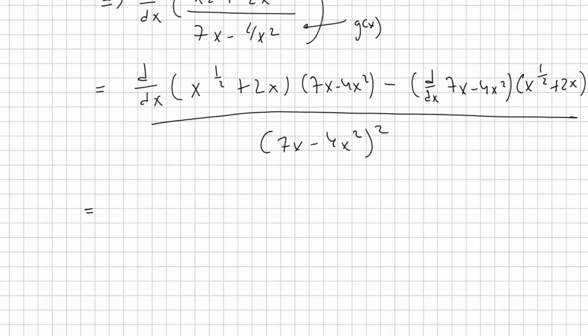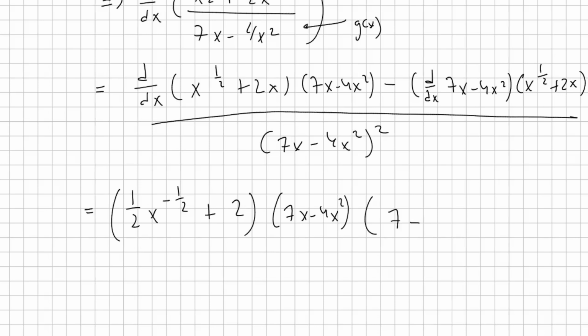So let's just take it. So it's going to be half x to the negative half plus 2, right? And then this is going to be multiplied by 7x minus 4x squared. And then the derivative of 7x minus 4x squared is just going to be 7, subtract out 8x.